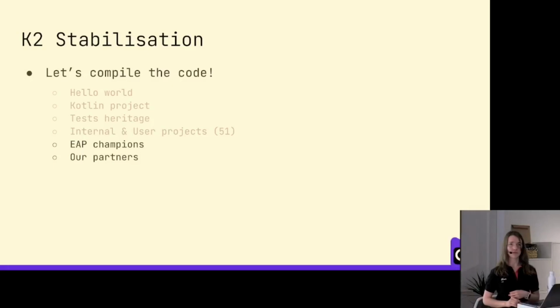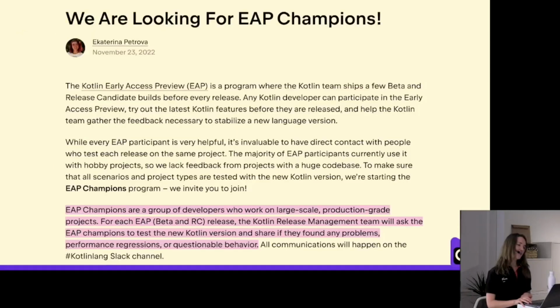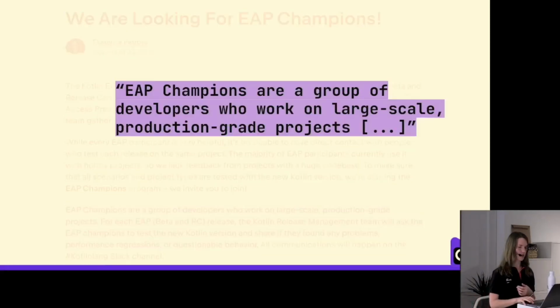EAP champions. So we have compiled everything we could, but our resources are limited. So we are asking our users to help us. Now we are kind of proud of it already, so we are ready to show it to the world. EAP champions, you have probably seen this post about EAP champions, and it says that it's a group of developers who work on large-scale production-grade projects.